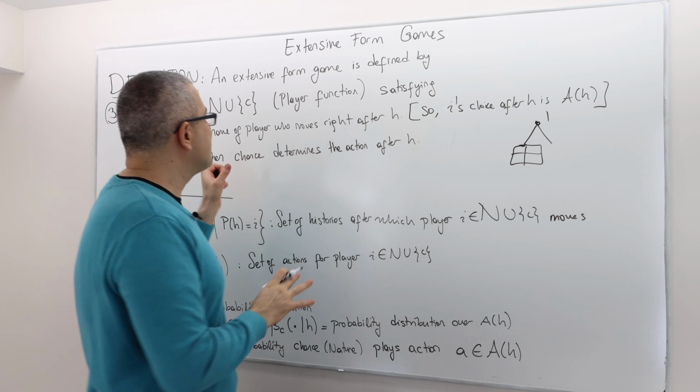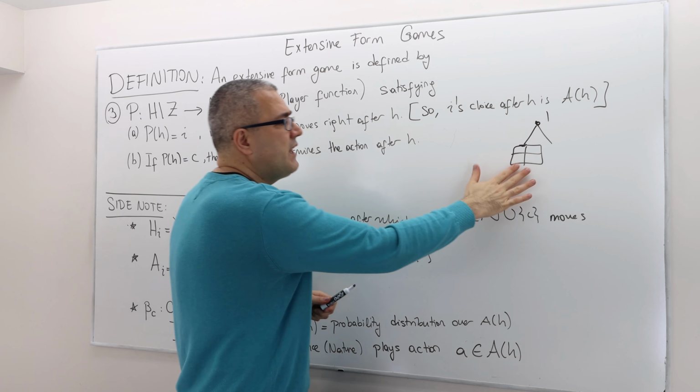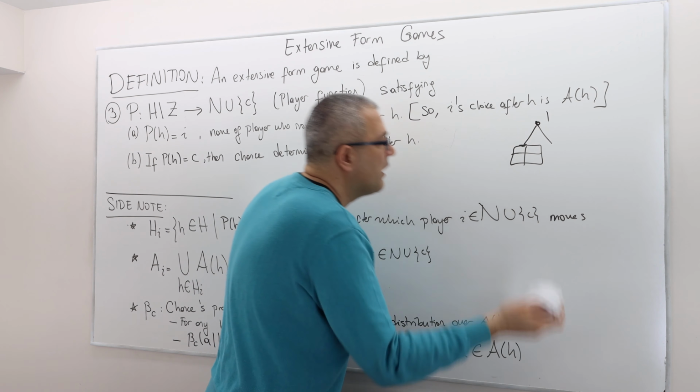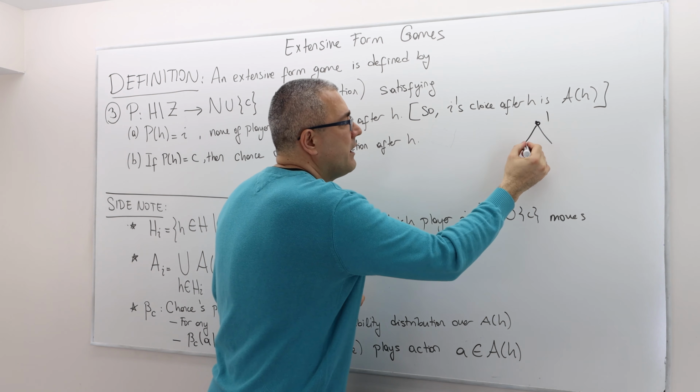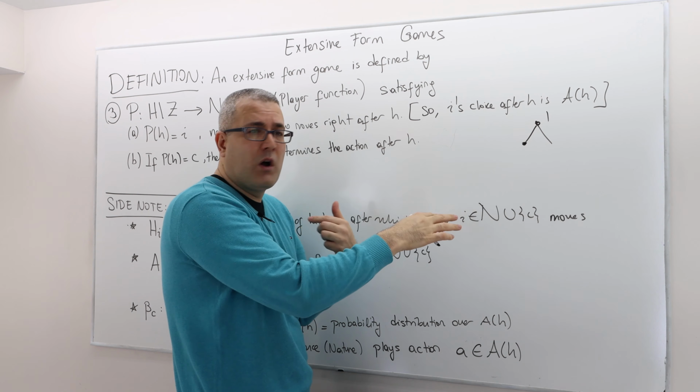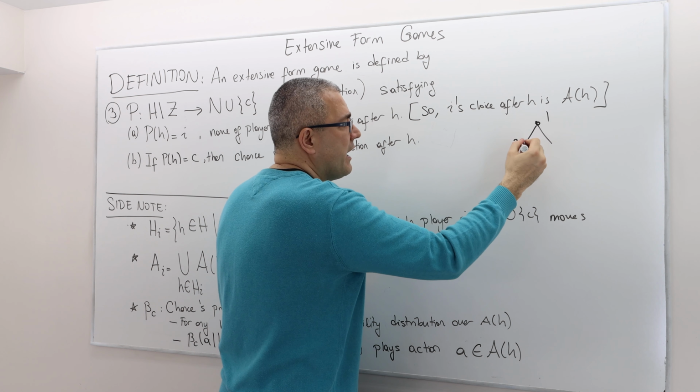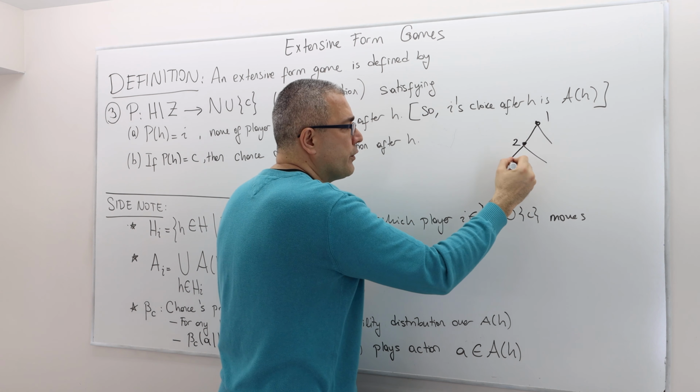In this description, this is not how we are going to define the game. We are going to define it as follows. If players 2 and 3 are moving simultaneously after player 1's move, then we're going to say player 2 moves first, but player 3 cannot observe his or her actions, and so player 3 moves.